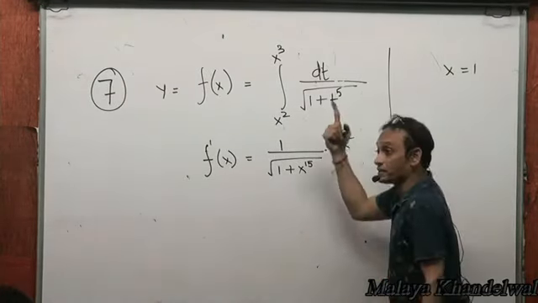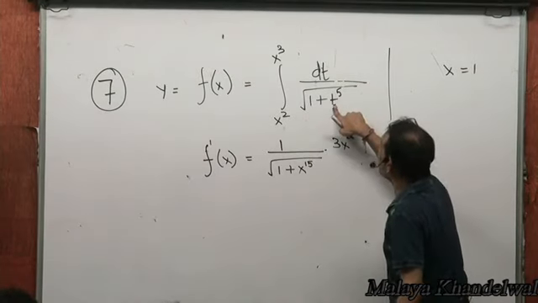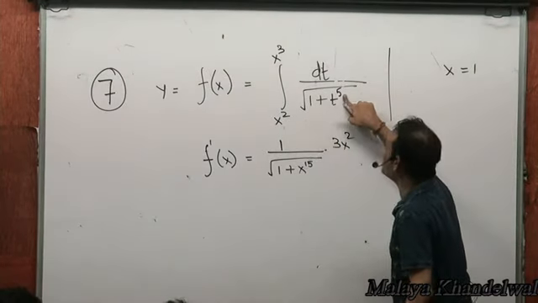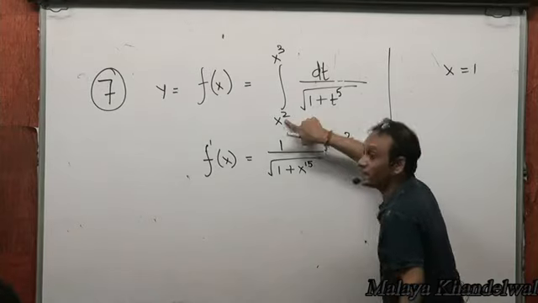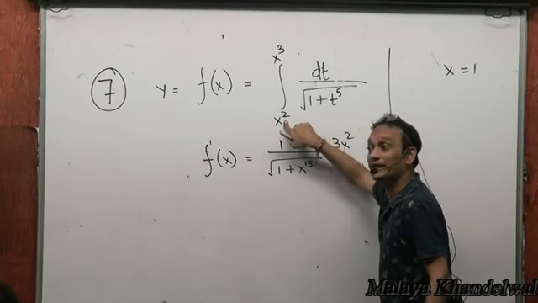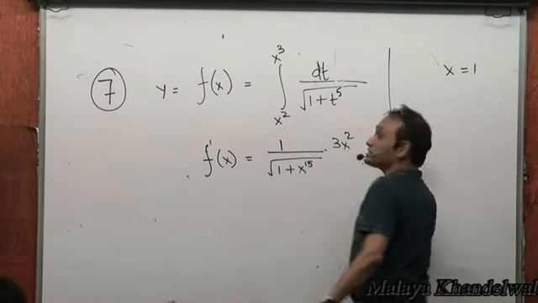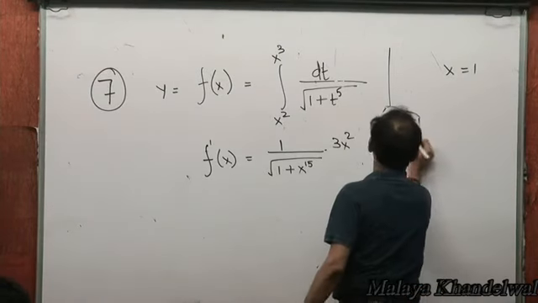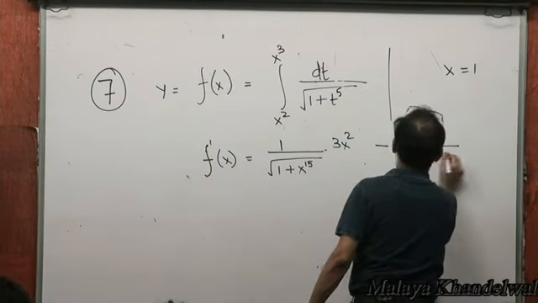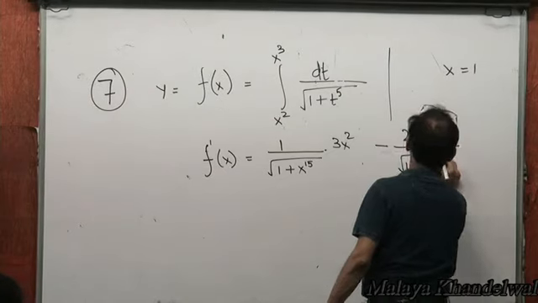In the third part, I'm going to replace t by x squared; this will become x power 10, and differentiate x squared with respect to x, making it 2x. And that comes married with a minus sign. So minus 2x divided by root 1 plus x power 10.